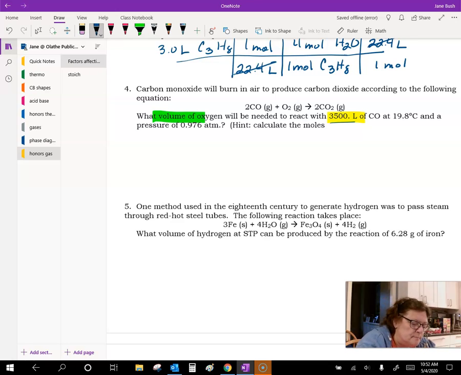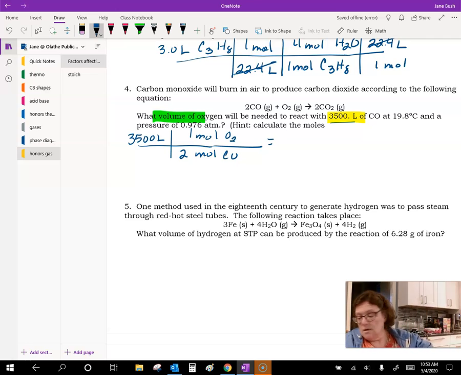Let's see if we can. 3,500 liters of carbon monoxide. There are 2 moles of carbon monoxide for every 1 mole of oxygen produced, which would give us half of 3,500, which I should be able to do in my head, 1750.